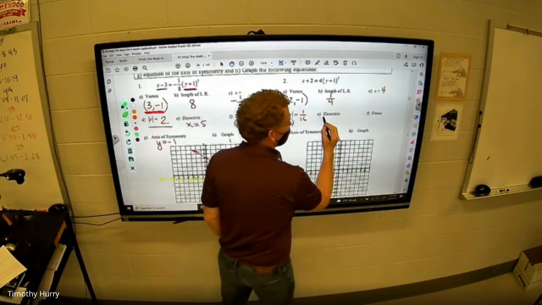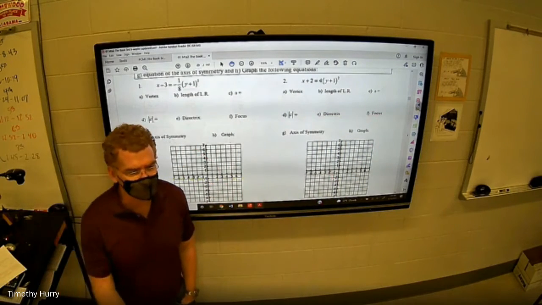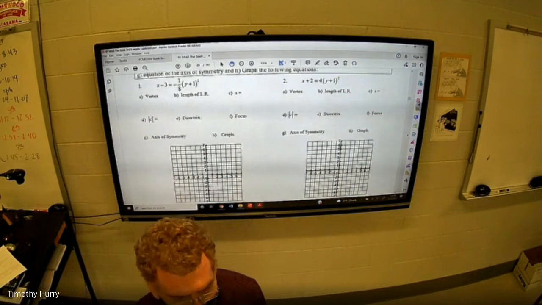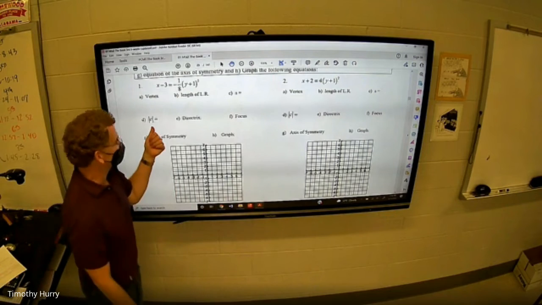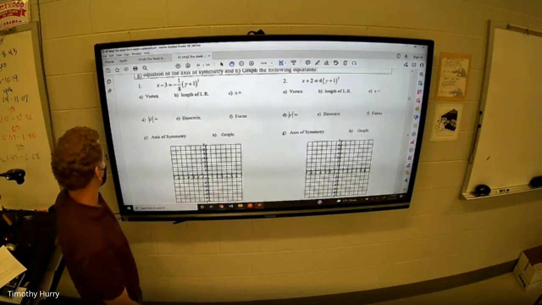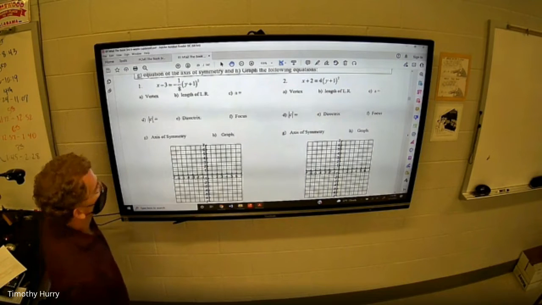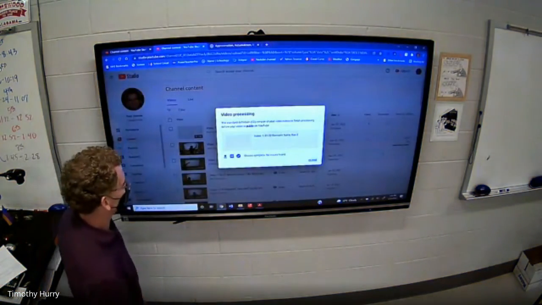Now, your directrix and your focus are not going to be pretty here. And in a regular Algebra 2 class, they would never ask you the directrix and the focus just because they weren't pretty. They typically don't ask directrix and focus unless you get a really pretty C value. But you, what the heck? Try something else.